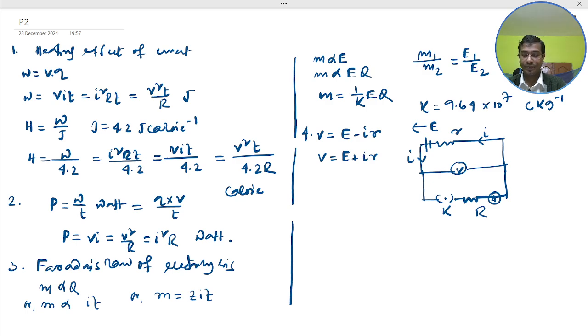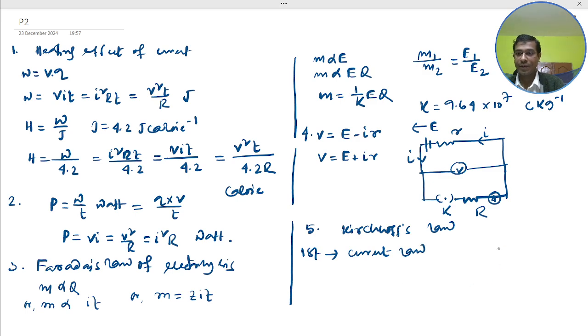So next one is Kirchhoff's law. First law, the junction law or current law.